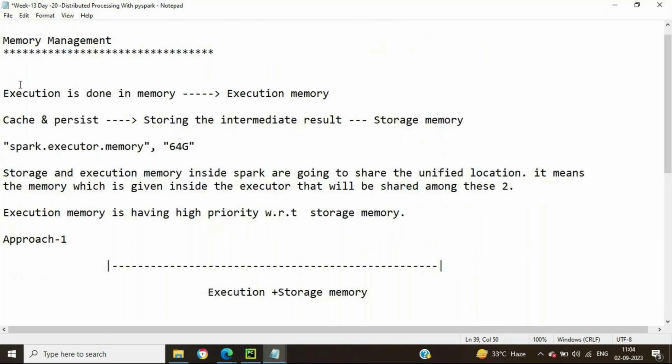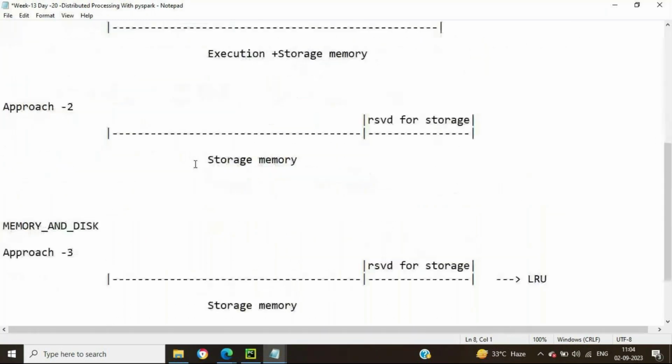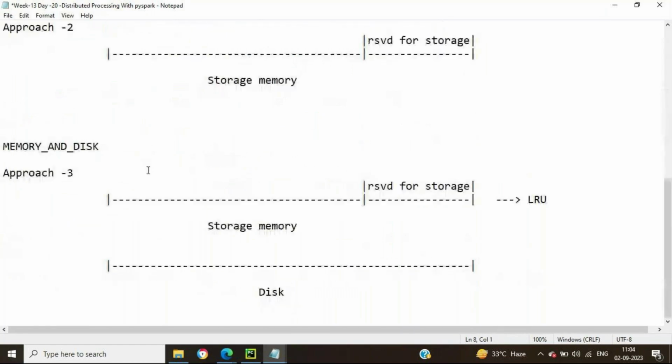So this is about execution memory and storage memory. Just have a look and ask if you are having any doubt.